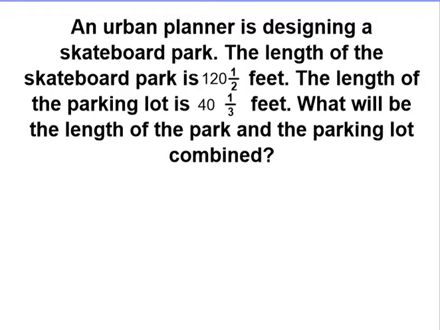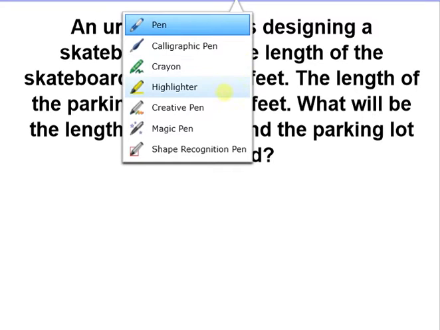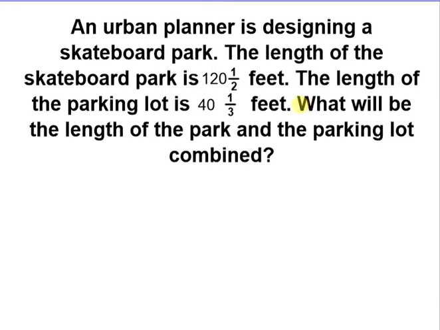All right, an urban planner is designing a skateboard park. The length of the skateboard park is 1.5 feet. The length of the parking lot is 40 1/3 feet. What will be the length of the park and the parking lot combined? Okay, so I read my problem. That was step 1. Step 2 is I need to identify what my question is.